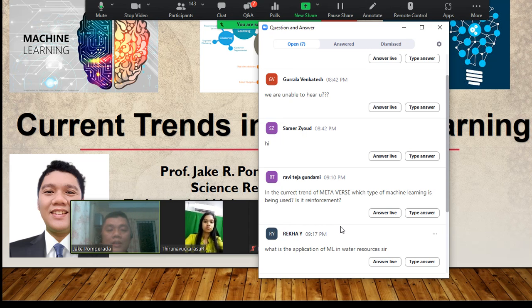So the majority, I can give you an example. The majority of the libraries that we can use, whatever programming language, let's say for example Java or PHP, there are some machine learning libraries that we can incorporate, like prediction or forecasting. Most of the time we are just putting in some data sets, and then the library is the one who will perform the predictions or forecasting for us.